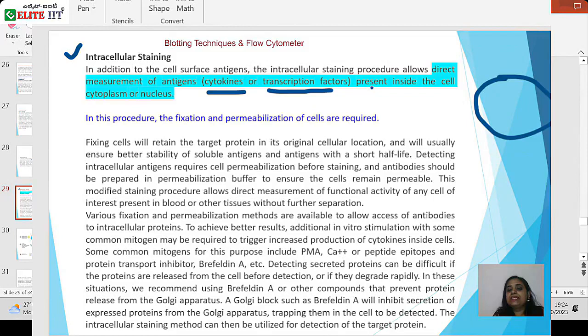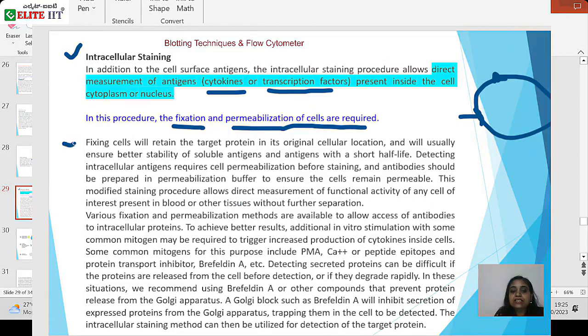In that case, the permeability of the cell is increased so that the fluorophore can enter the cell and bind with these intracellular antigens. So in this procedure, fixation and permeabilization of cells are required. Fixation means fixing the antigen inside the cell at a single position.